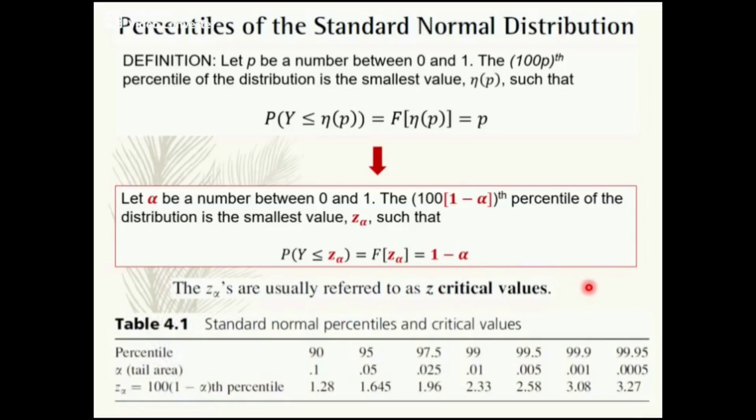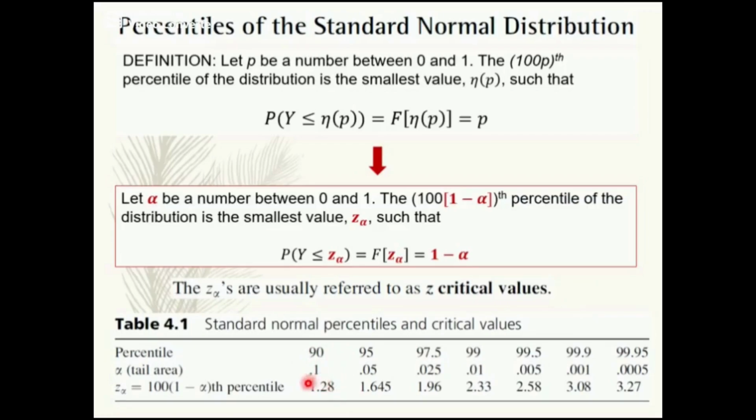Table 4.1 shows some percentiles and Z alpha values. So the 90th percentile corresponds to a Z alpha where alpha is 0.1. Remember, for the 90th percentile, you have 0.9 to the left and 0.1 to the right.